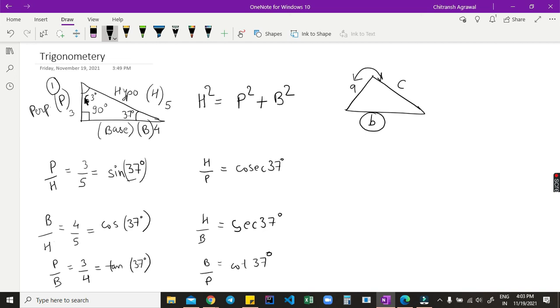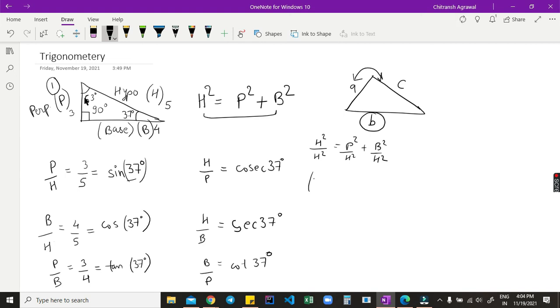Now, suppose we look at this expression here. In this expression, if we divide by the hypotenuse square on all sides, what would we get? We would get b square by h square.